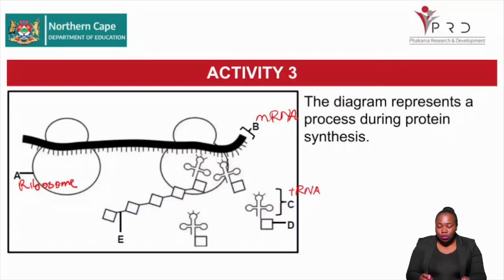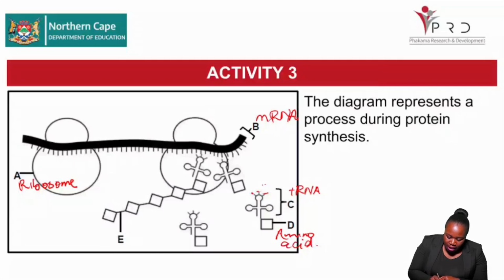D, now, don't cram that. Previously, we saw the tRNA bringing an amino acid from the top. Now, we can see that the anticodons will be here, right? This is the anticodon, meaning that now the amino acid can be at the bottom. So this is our amino acid. And there we have the bond between two amino acids, which is a peptide bond.